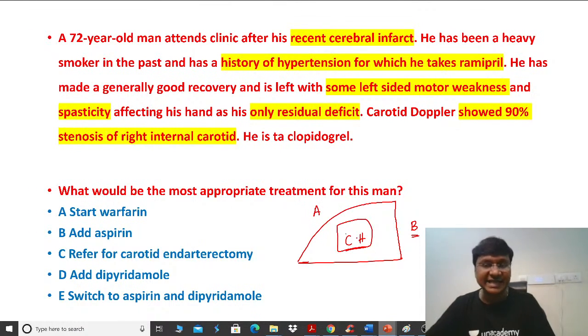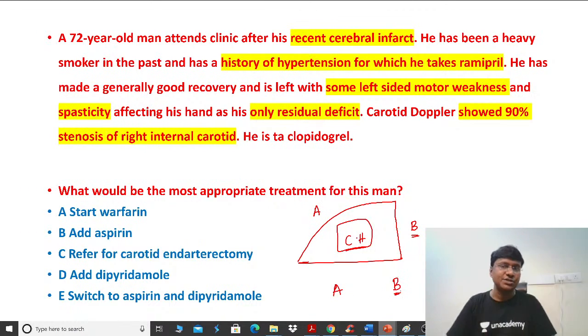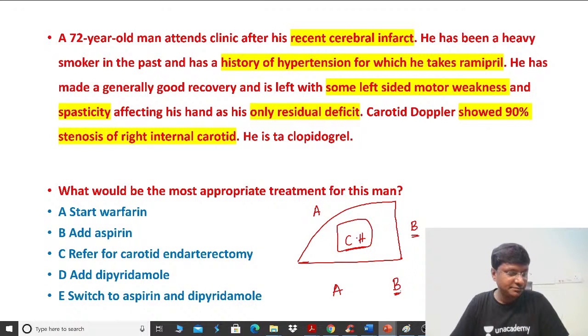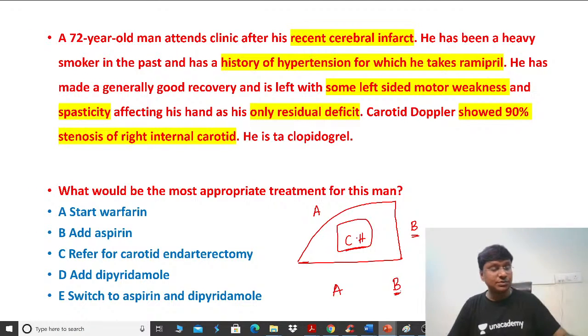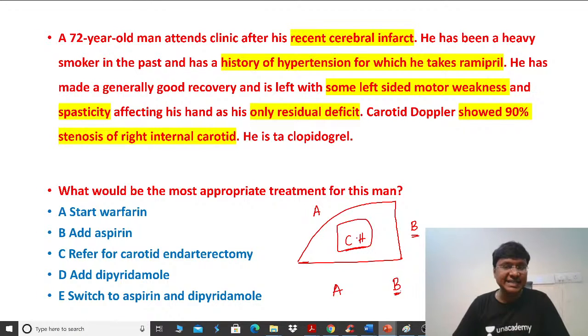Is it side A affected or side B affected in this patient? Yes? Okay. It is your middle cerebral. No. It is not your side B.